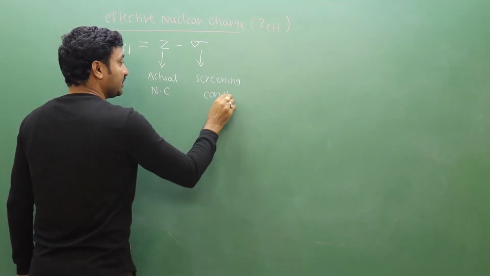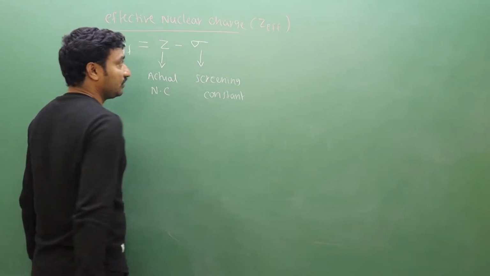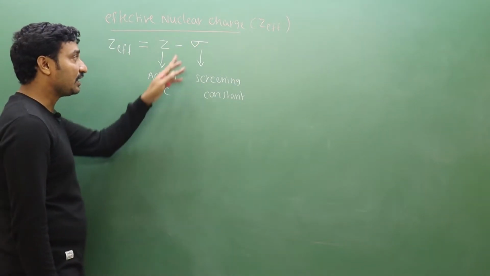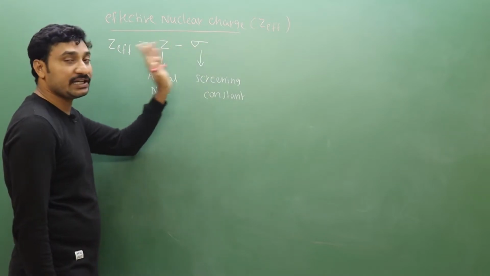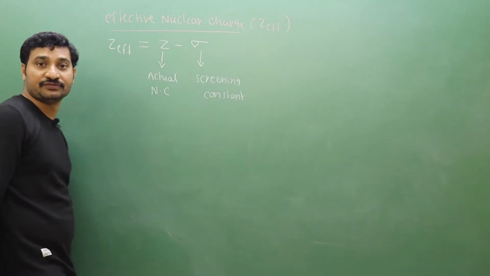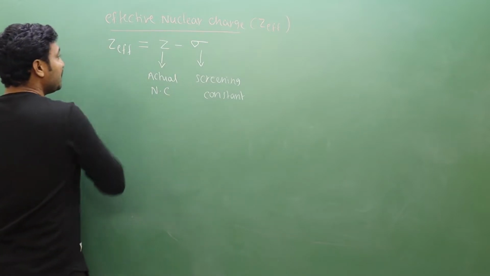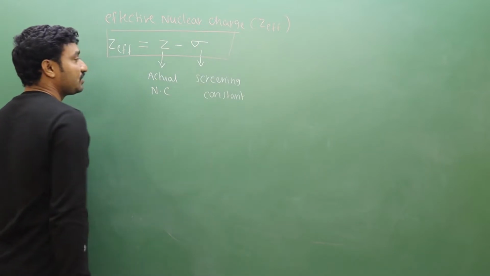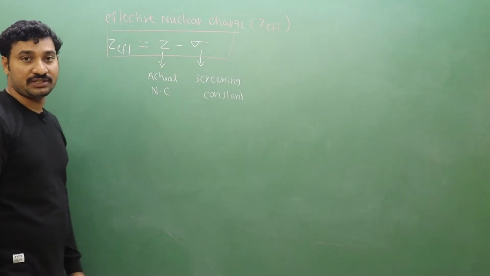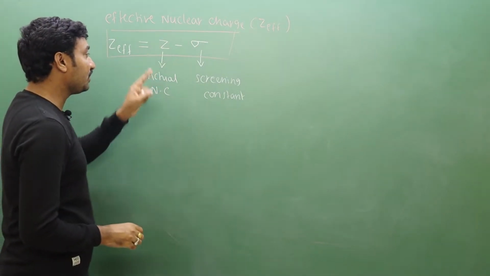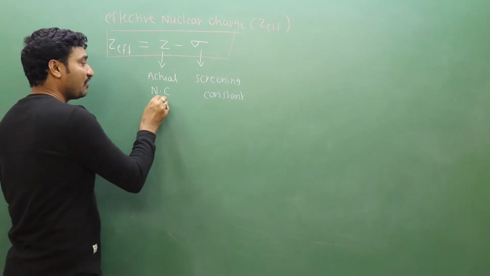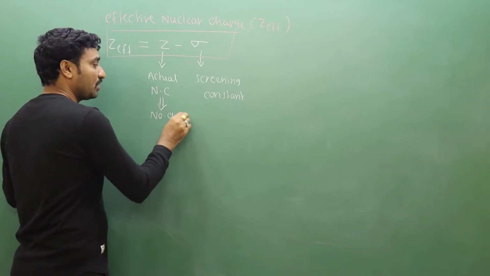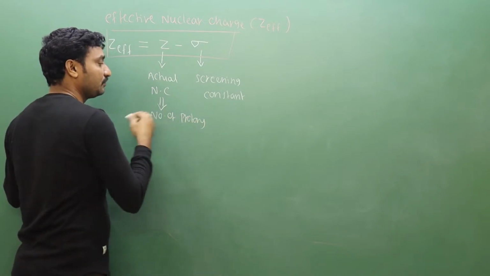Before, we discussed the screening effect, also called screening constant or shielding effect. So finally Z effective is equal to actual nuclear charge minus screening constant. Actual nuclear charge is nothing but the number of protons in the nucleus.